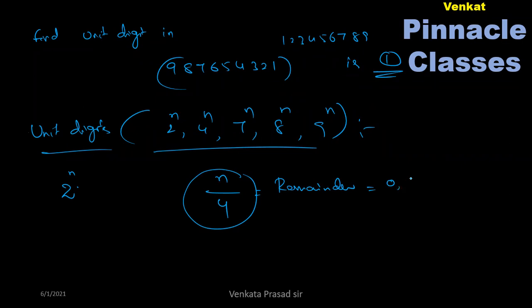Either 0 or 1 or 2 or 3. The remaining numbers are not possible. Sir, why dividing with 4? For 2 power n or 3 power n, 4 power n, 7 power n, the power is always divided by 4. Why? I will tell you.